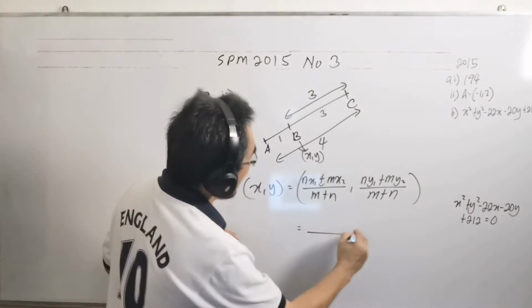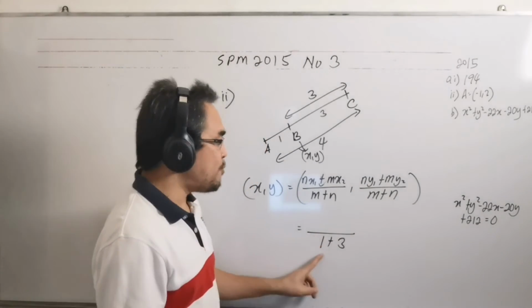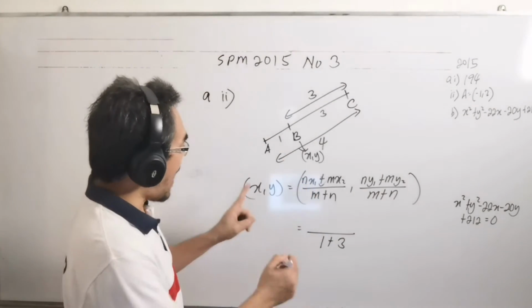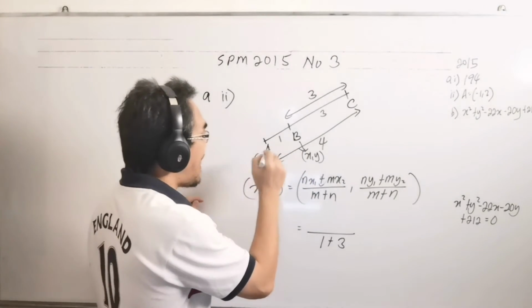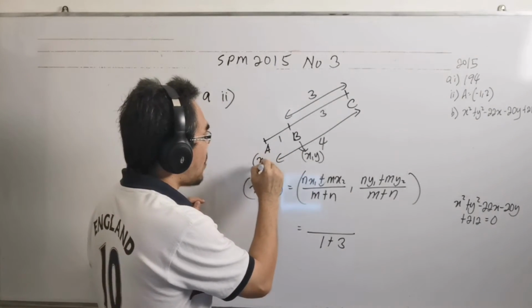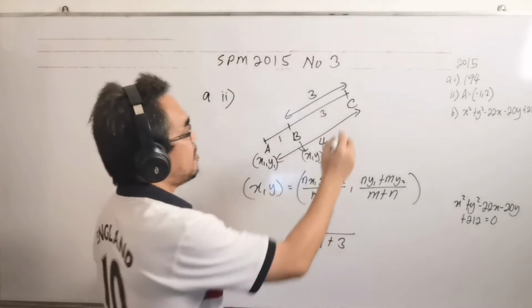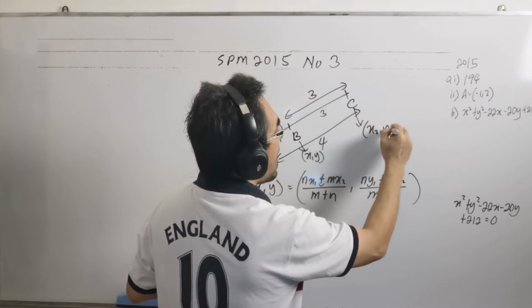So we are going to have 1 plus 3. So xy will be B, and then A will be x1 and y1, and C will be x2, y2.